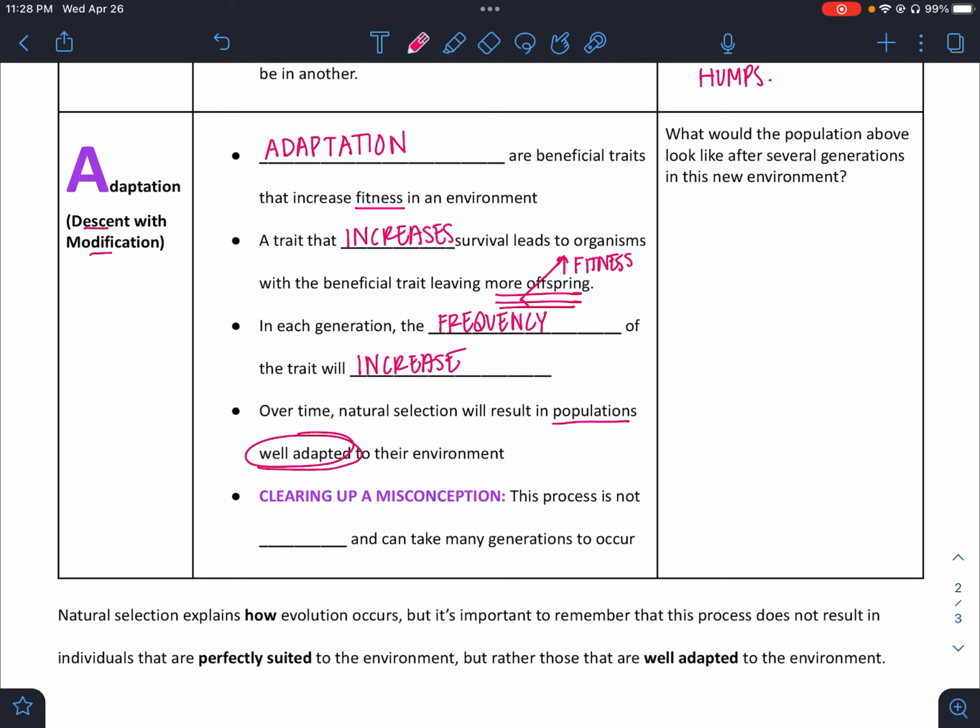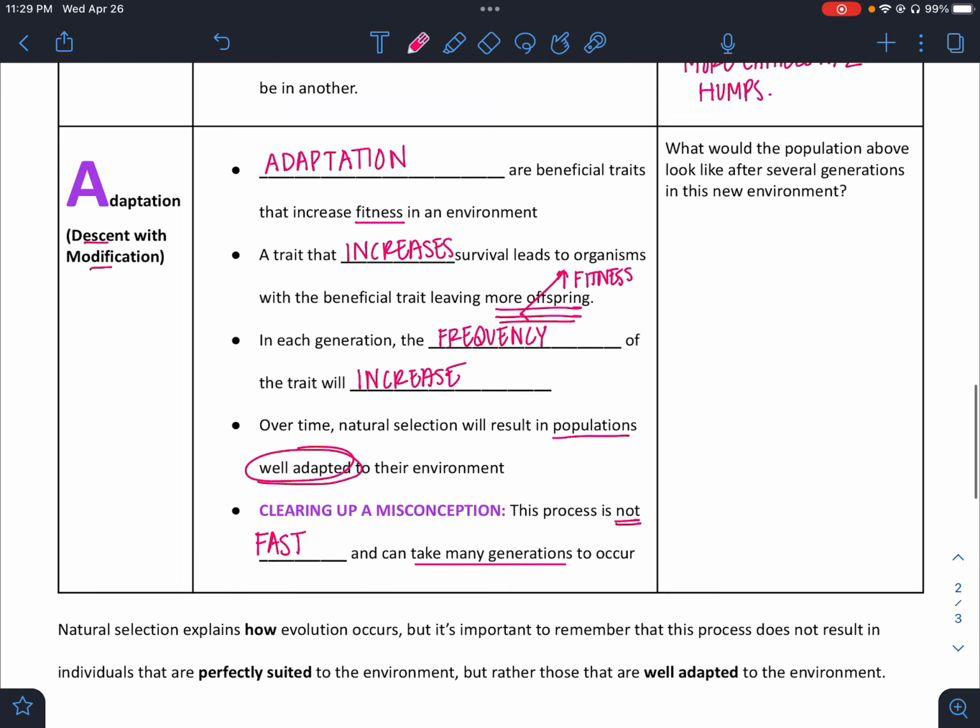Okay. Something important to know, this process is typically not fast, although there are a couple of populations we can see this occurring in really quickly, like a bacterial population, single-celled organisms, but a lot of the times it's going to take many, many generations to occur, thousands of years, millions of years. It's not quick, okay?